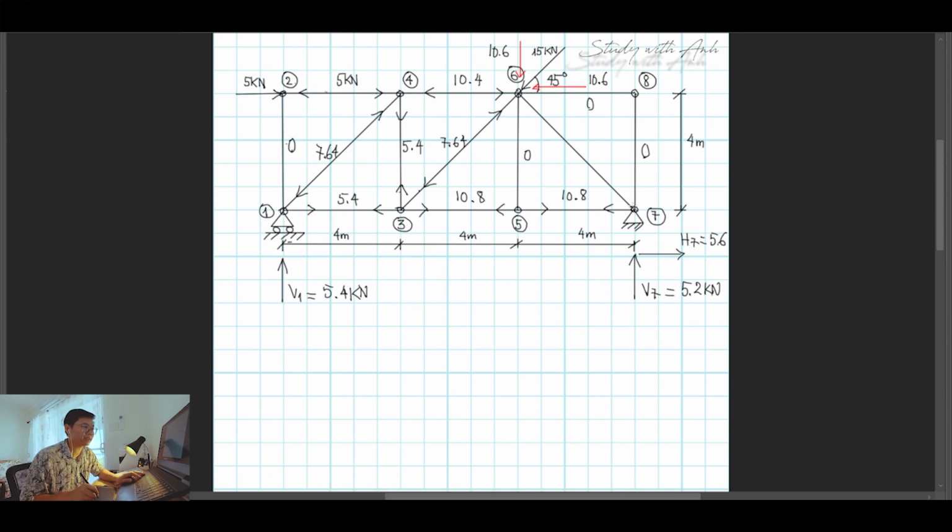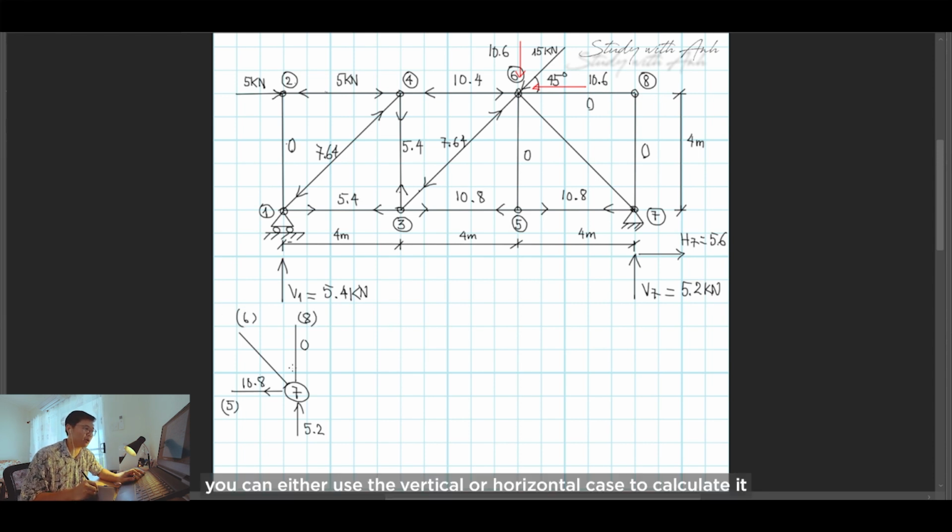Now what should we do next? I'm going to do node 7 because that's the easiest way, since only member 6,7 needs to be solved. Everything else is solved now, so I'm going to use node 7 to solve for member 6,7, or I can use node 6 as well. You can use either the vertical case or the horizontal case.